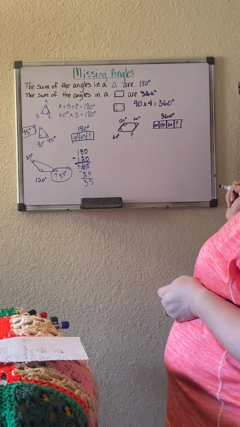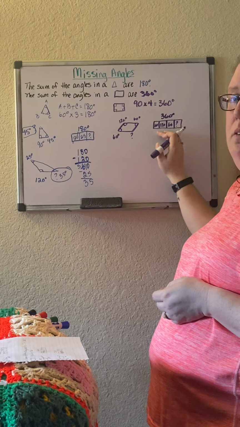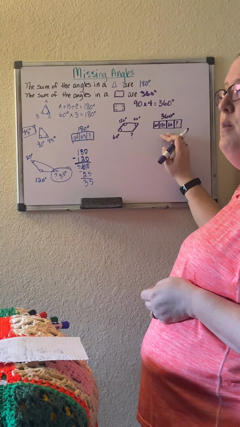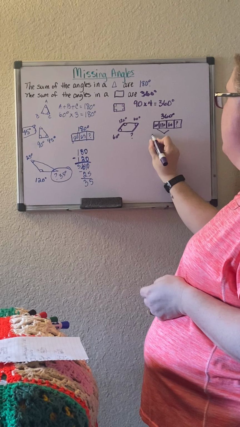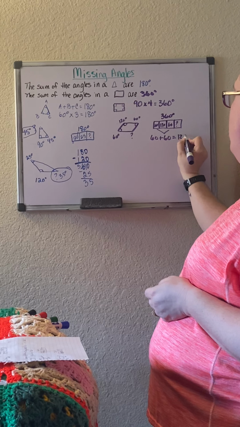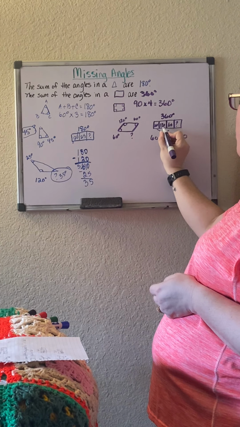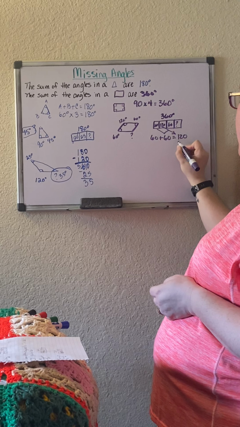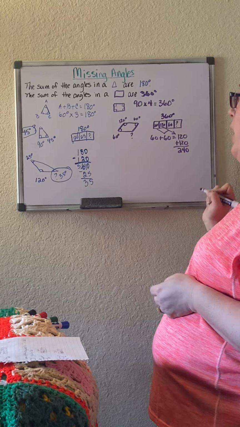These are some pretty easy numbers to work with in my head, so I'm going to do some mental math, but I'm also going to write it down. I know that 60 plus 60 is 120, and then if I take this 120 and I add it, I have 240.